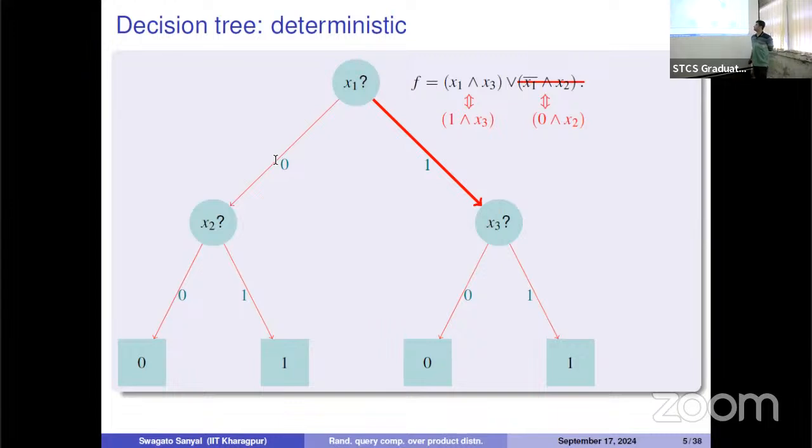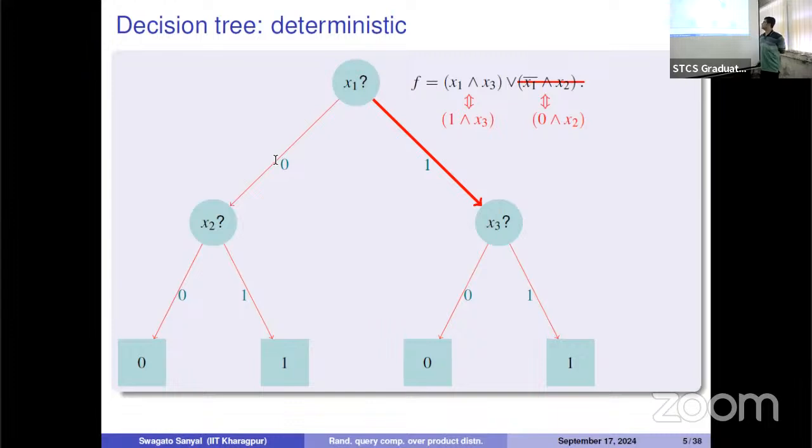And the execution of such an algorithm can be modeled naturally by a rooted full binary tree, where each internal node has 2 children, and each internal node is labeled by a variable which is said to be queried when the computation reaches that node. The computation terminates at a leaf, and each leaf is labeled by a bit which is said to be output when the computation reaches that leaf.